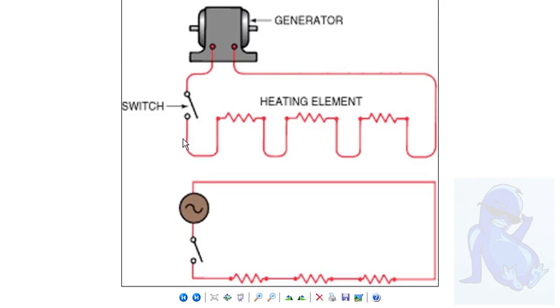Let me show you another diagram. Here's that generator again. Here's L1. You could call this L1, but I'm calling this L1. L1 to switch. There's my switch. Switch to load. This is the resistance. This resistance could be a light bulb or it could be a motor. And on the other side of that, if I went straight back to L2, that would be a very simple electric circuit.